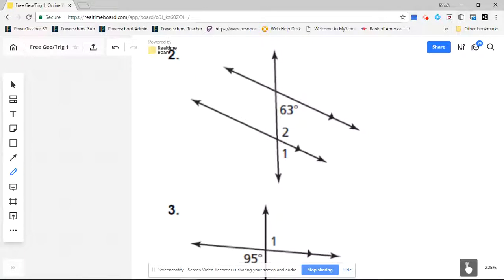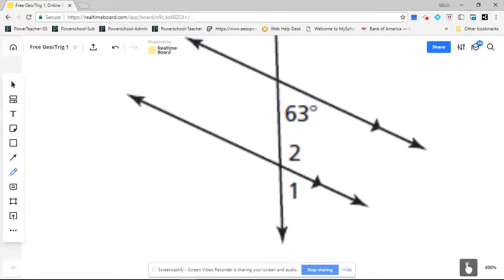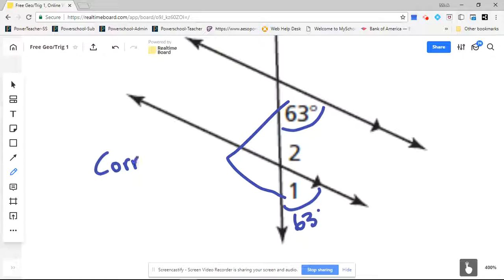So they're giving me a small angle that's 63. Okay, so which other one out of the 1 and 2 is another small angle? 1 is. So 1 is going to be 63. These two are corresponding angles. Corresponding angles are both in the lower right corner of their group.